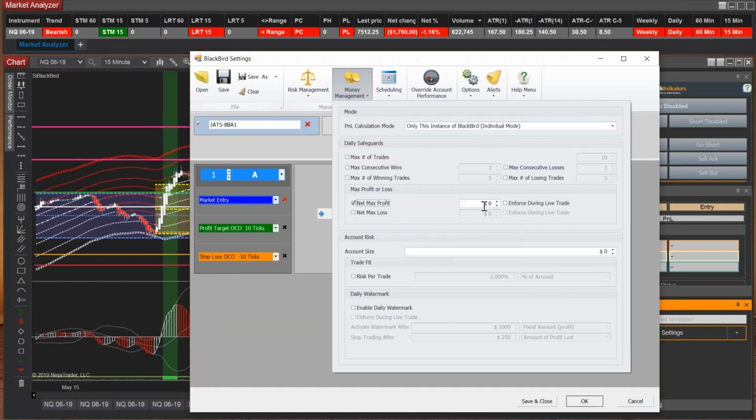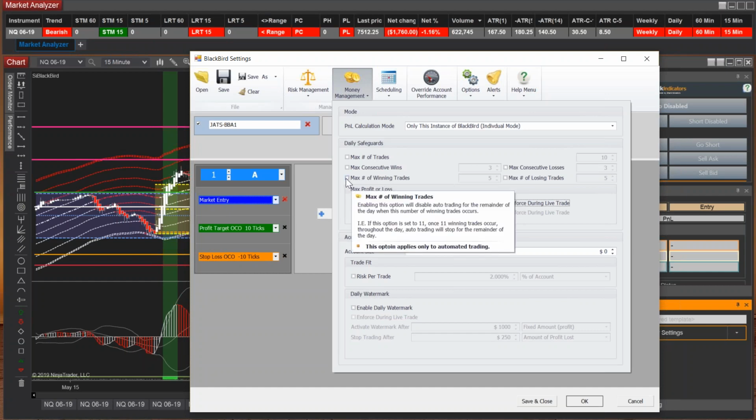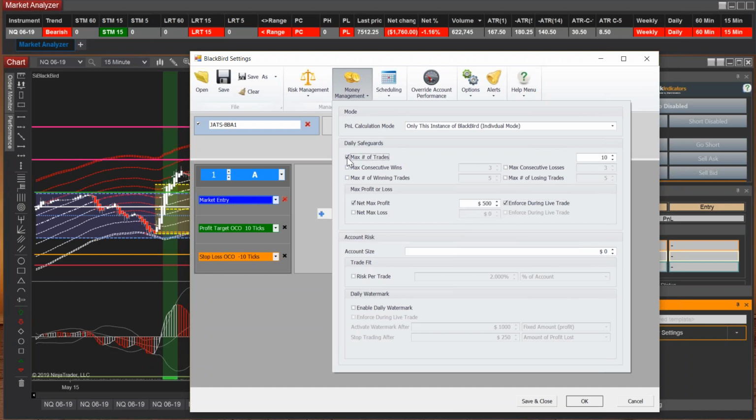You can actually come in here and say, stop trading after $500 is made, enforce during live trading. Get in and get out of the markets, or limit my winning trades and losing trades, or max number of trades, stop trading after 3 trades. You can tell it precisely how much money to lose and enforce during live trading, so that would override the actual bar closing, so you can actually get out a little bit earlier.